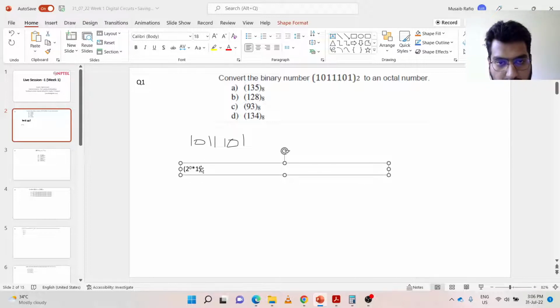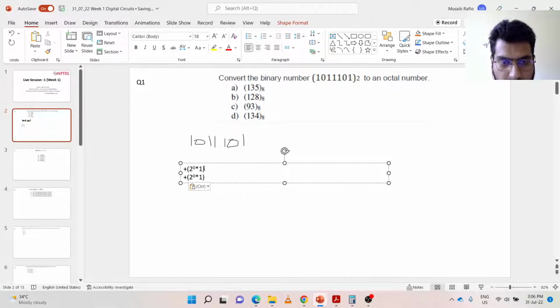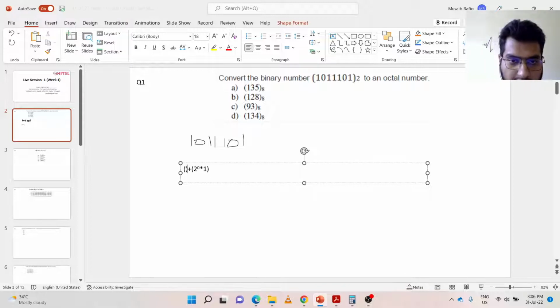Then we have, at the first bit, 2 to the power of 1 multiplied by 1.